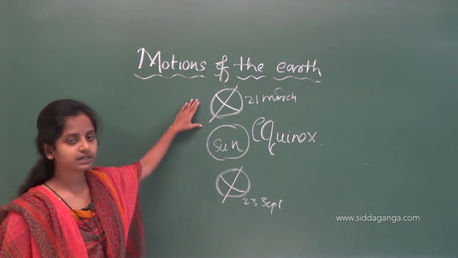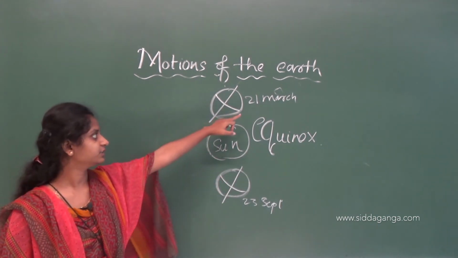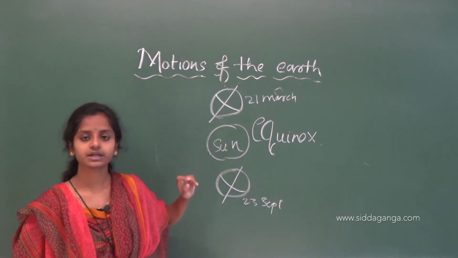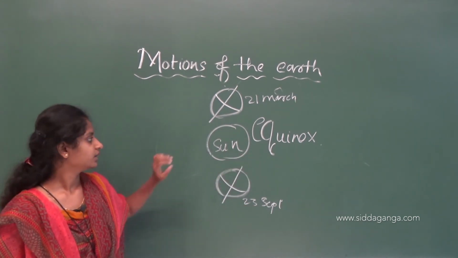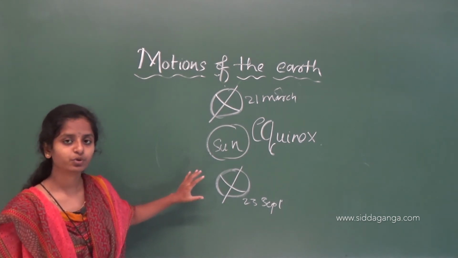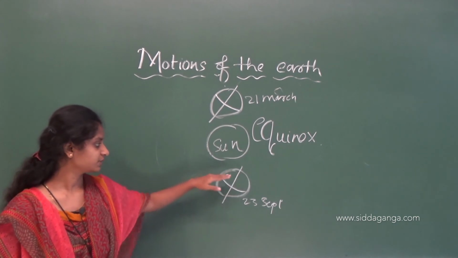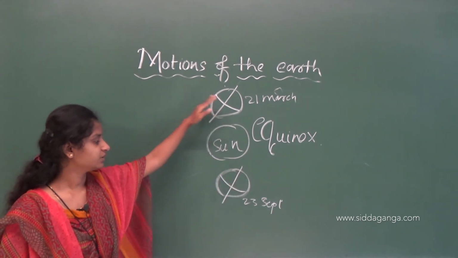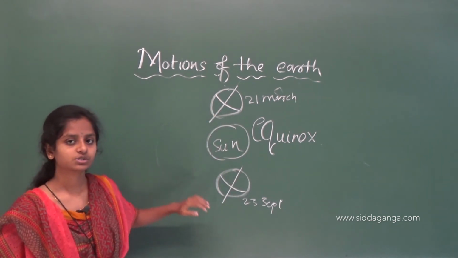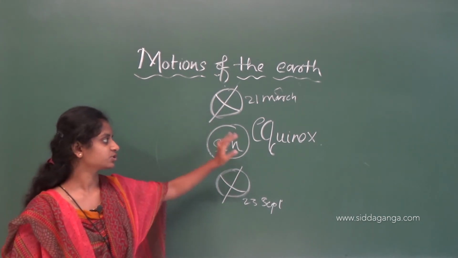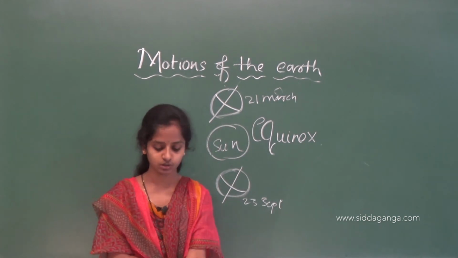So these equal nights and equal days on 21st March and 23rd September, we know as an equinox. Here neither of the poles will be tilted towards the sun. So the whole surface of the earth, the equator, everything will receive the light. So here we experience equal nights and days. This is known as an equinox.